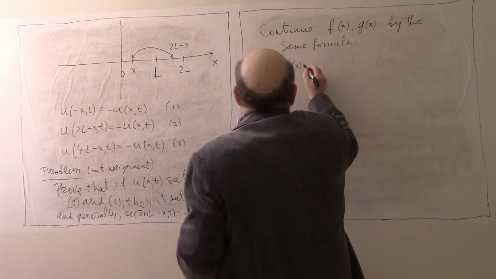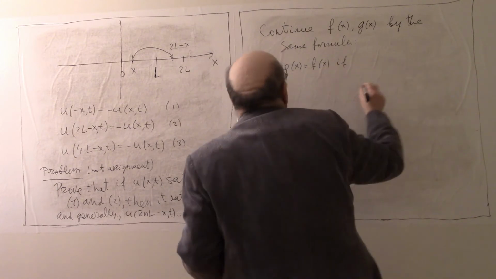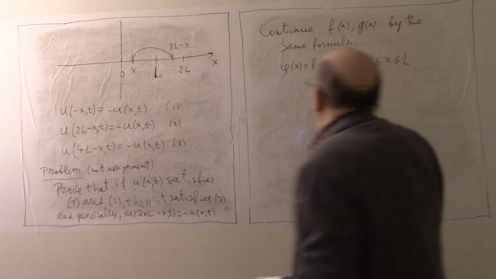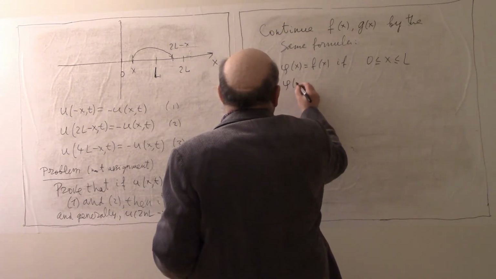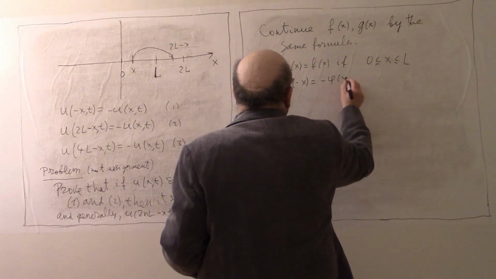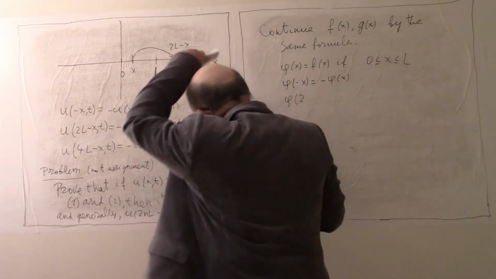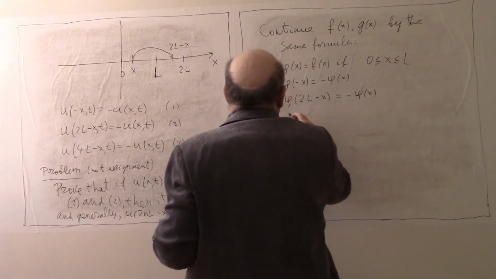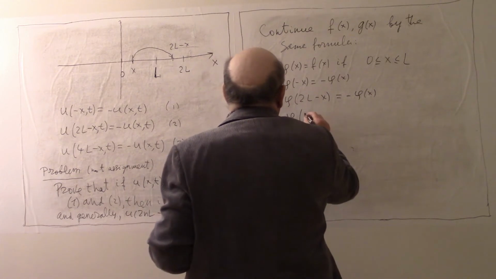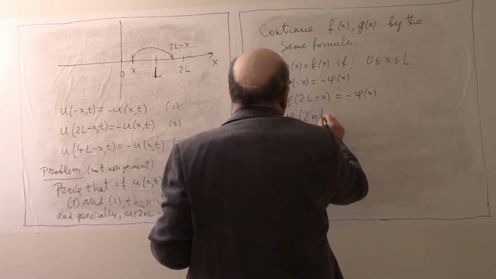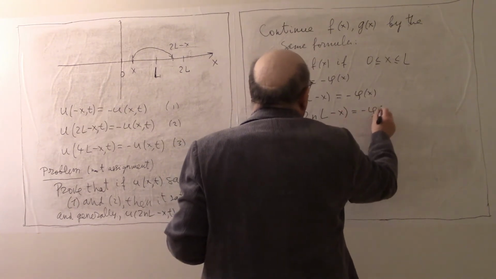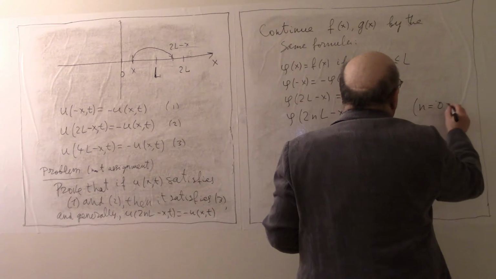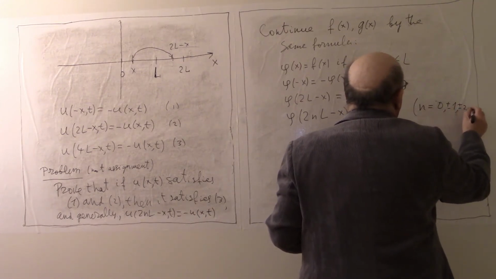Phi of x equals f of x if x is between 0 and L. Now phi of minus x equals minus phi of x, phi of L minus x equals minus phi of x, phi of 2nL minus x equals minus phi of x for n equal 0, plus minus 1, plus minus 2 and so on.